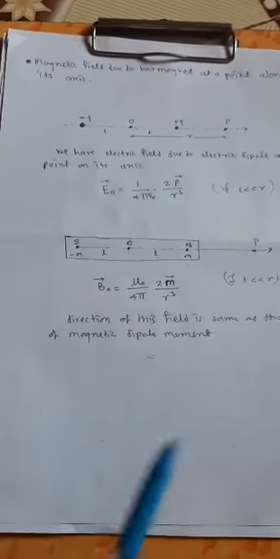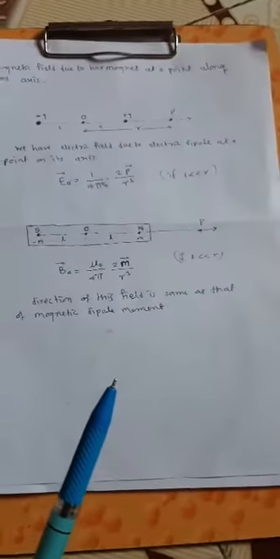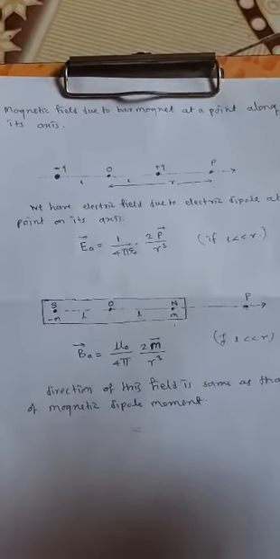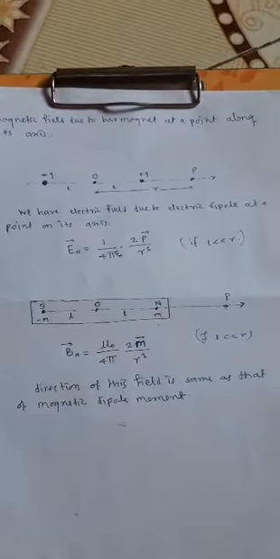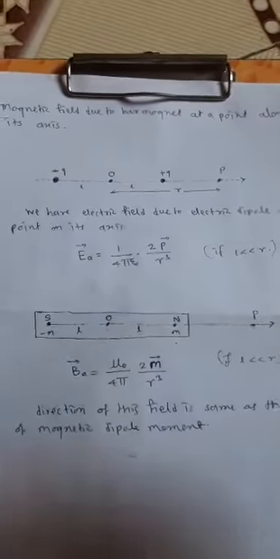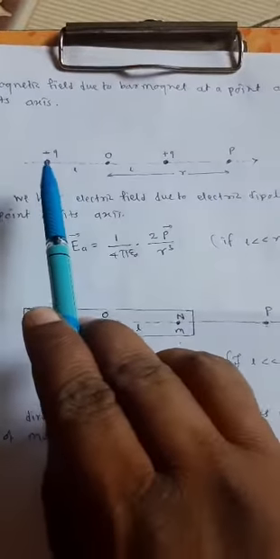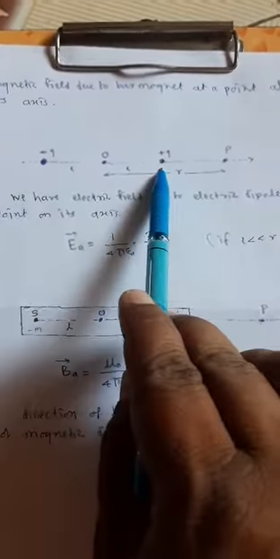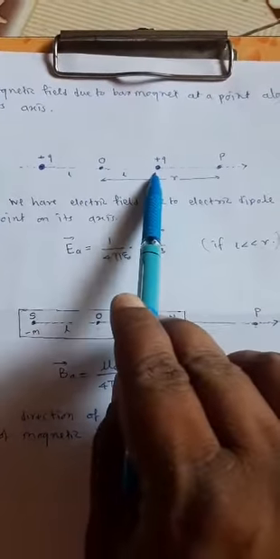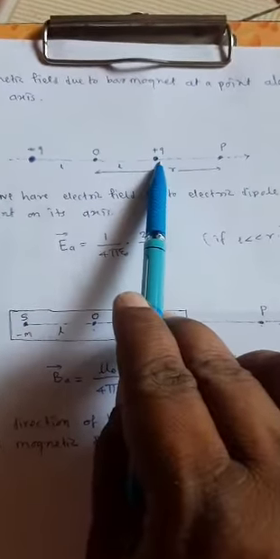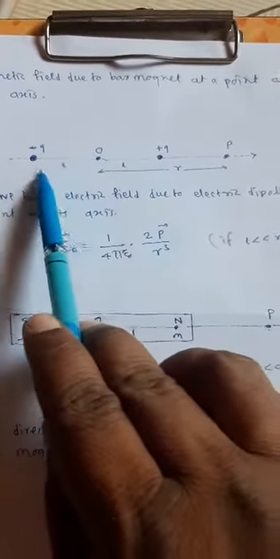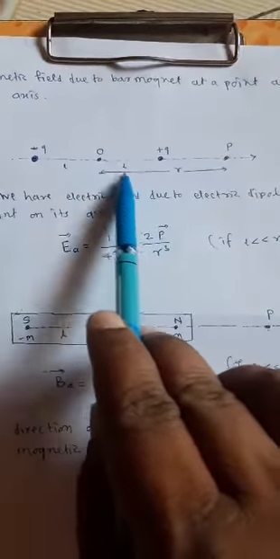Now, we have already derived the expression for electric field due to an electric dipole at a point along the axis. We know that these are the two charges of the electric dipole. An electric dipole consists of two oppositely charged particles having the same magnitude, separated by a finite distance.